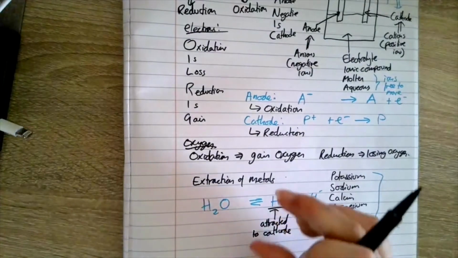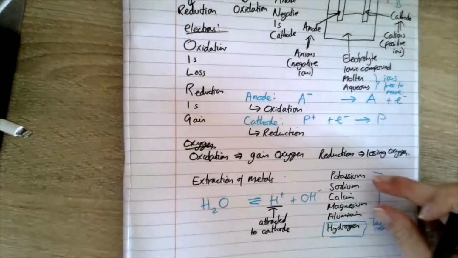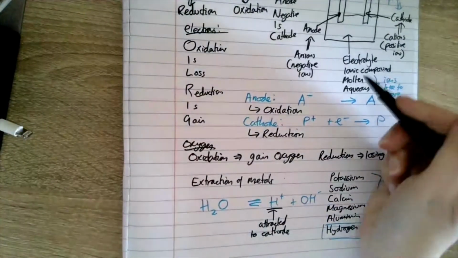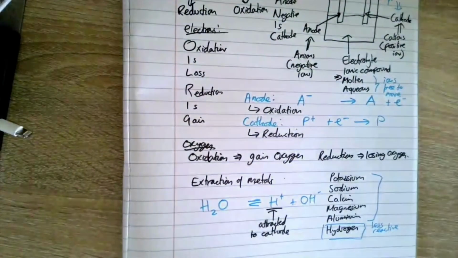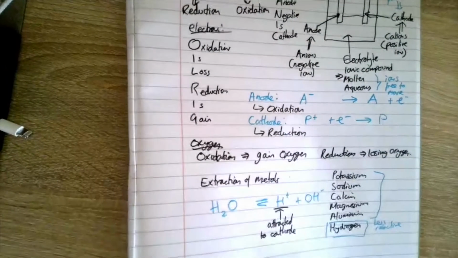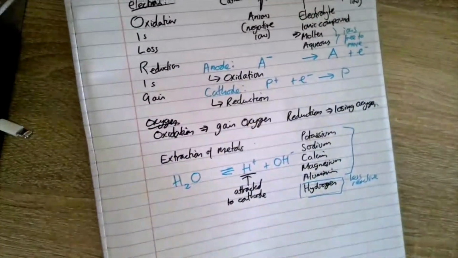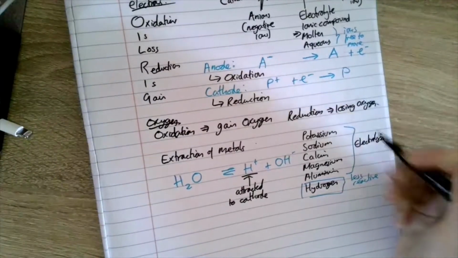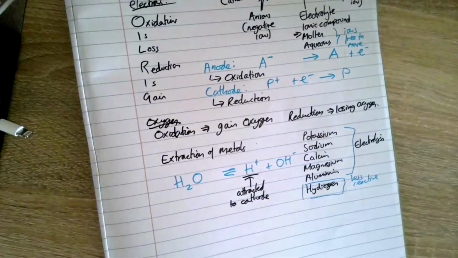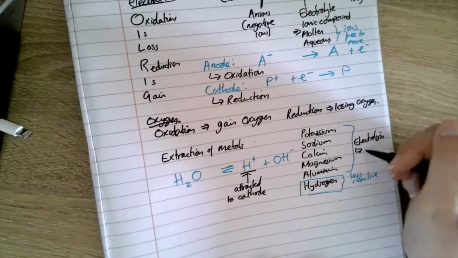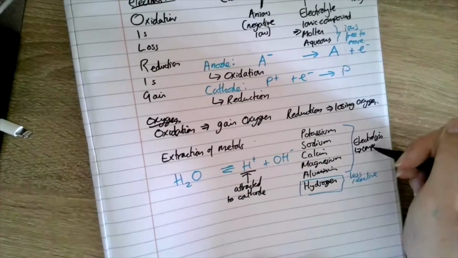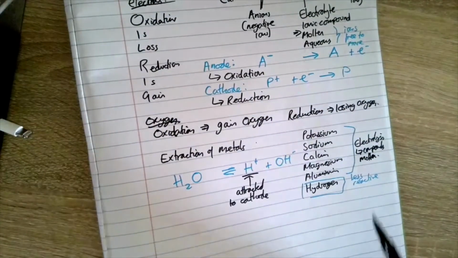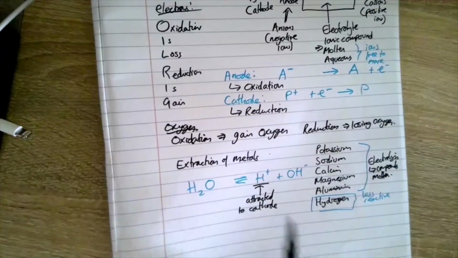And it's because of this that if we wanted to extract any of these using electrolysis, we would need to ensure that it's molten. It is through electrolysis that we extract these metals, and so the compounds must be molten so that we get our metal formed and not hydrogen gas.